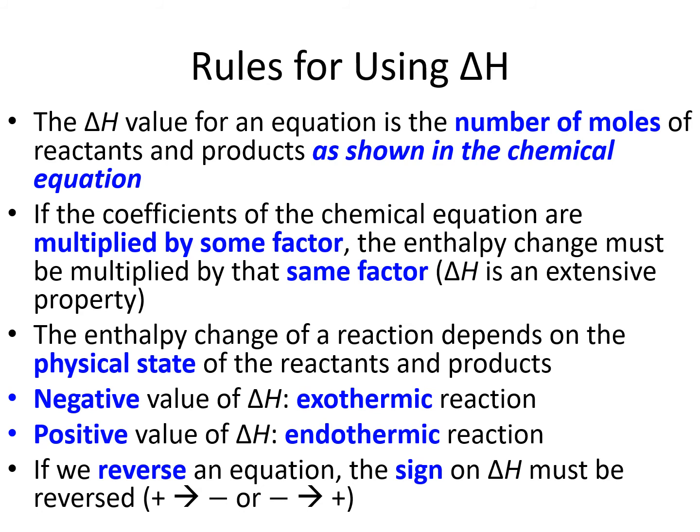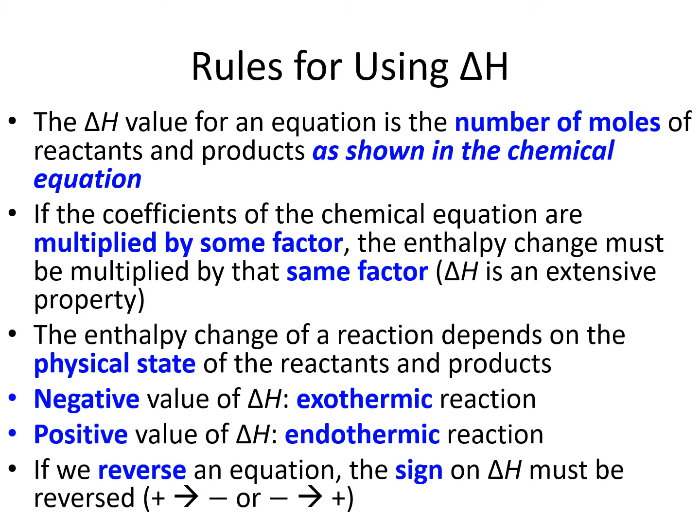Also, the enthalpy change, the delta H, is going to depend on the physical state of the reactants and products. So whether it's a solid, a liquid, a gas, aqueous solution, that's going to affect the values that we're plugging into our calculations. So we need to know the states of the matter. It's going to be really important for this chapter.